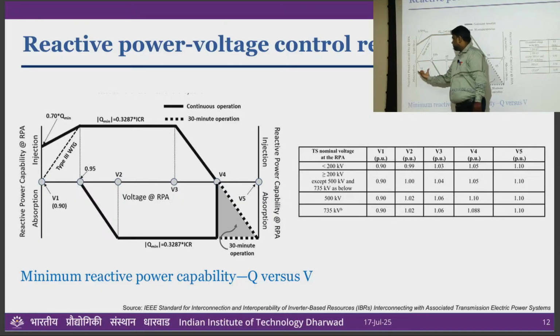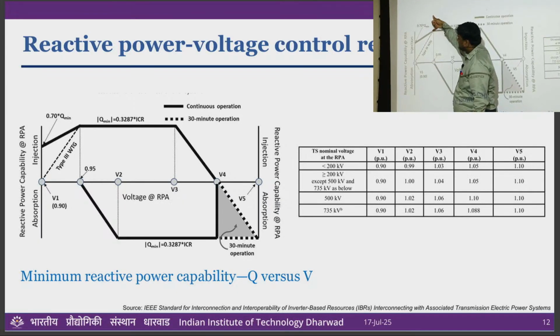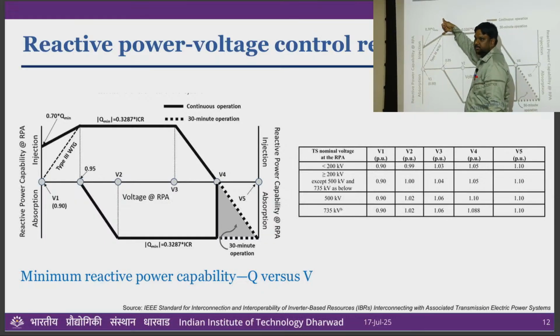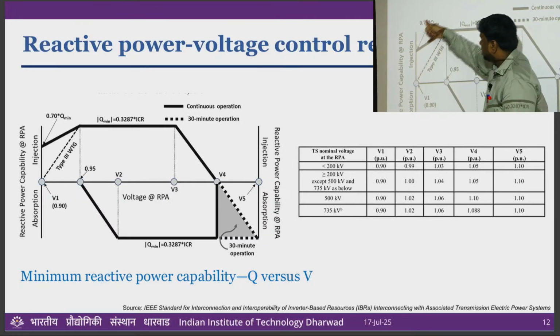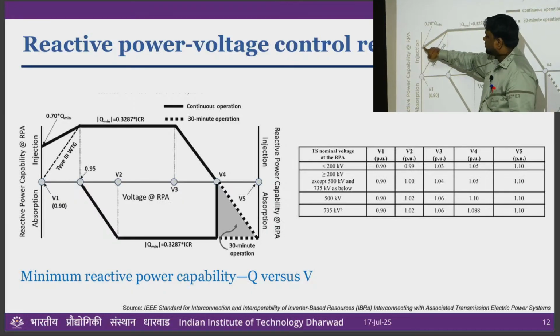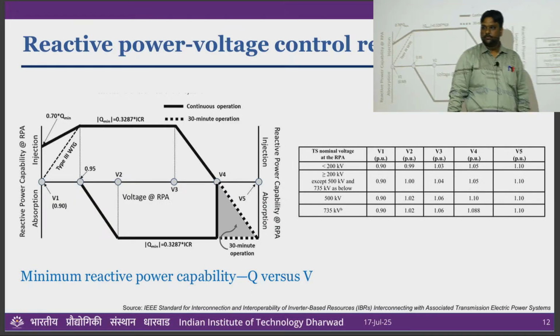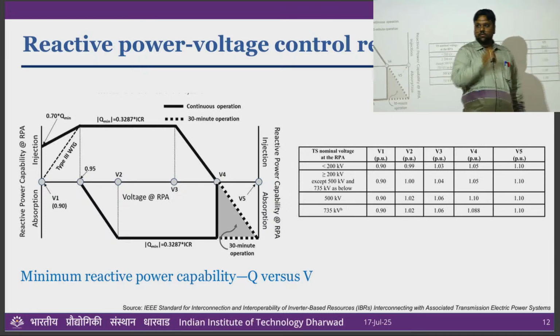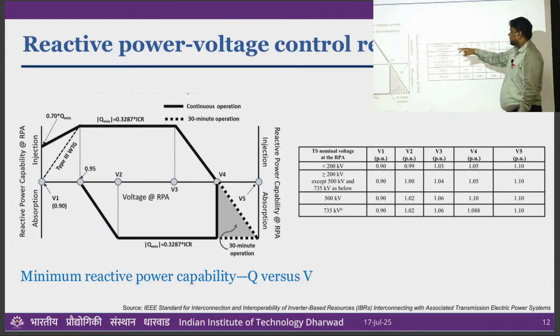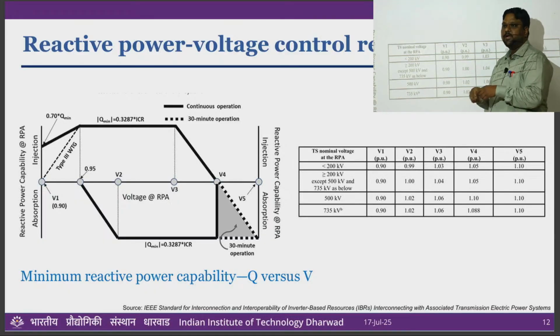Sometimes you operate between 0.9 and 0.95 per unit. So if your operating point is in between, your reactive power curve can follow this black line. It need not be again 0.3287. It can follow this slope. At 0.9 you can maintain 0.7 Q min. Okay, got it? And the coordinates of the x-axis can vary depending upon the voltage level at the RPA.